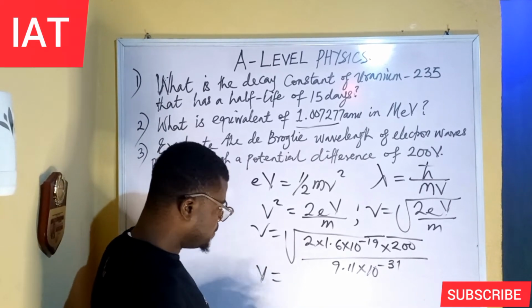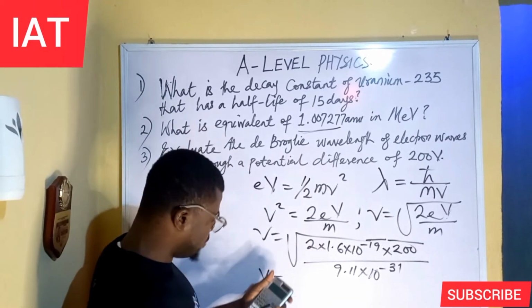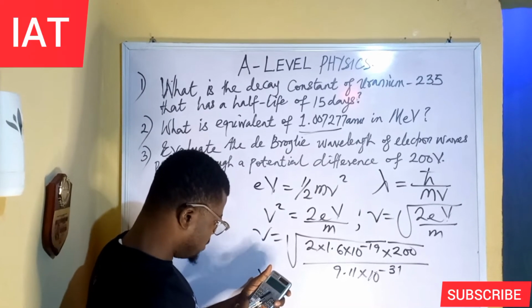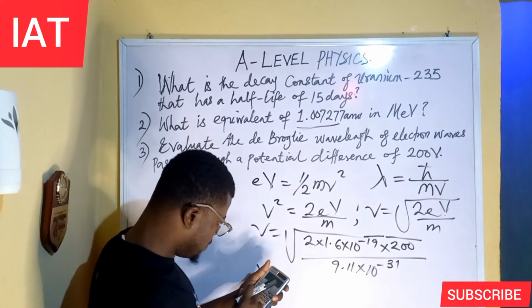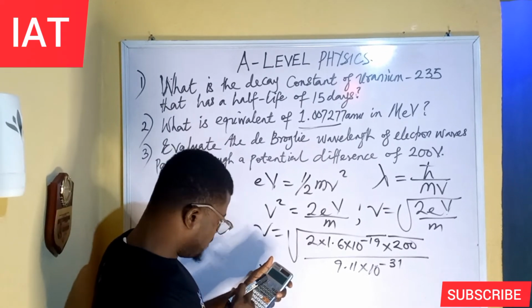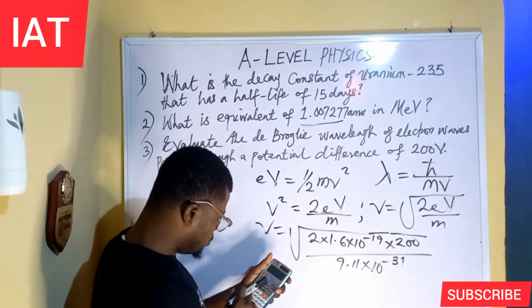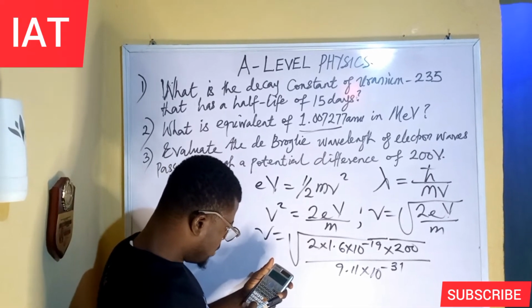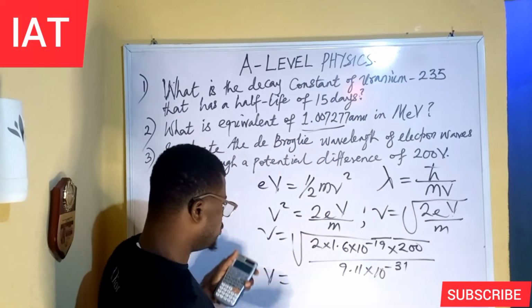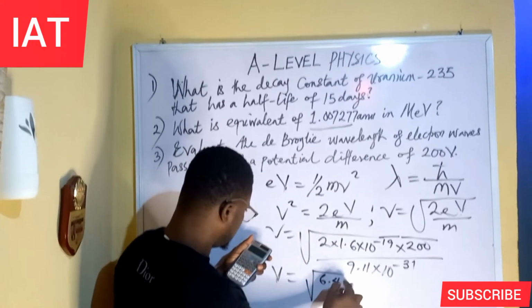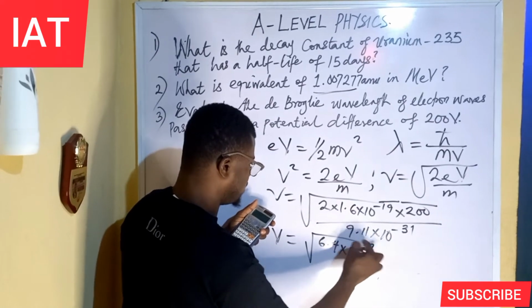So let's have this value fixed. The first one we have is 2 multiplied by 1.6 times 10 to the power of minus 19, and this will multiply by 200. The value we have here on the numerator is 6.4 times 10 to the power of minus 17.